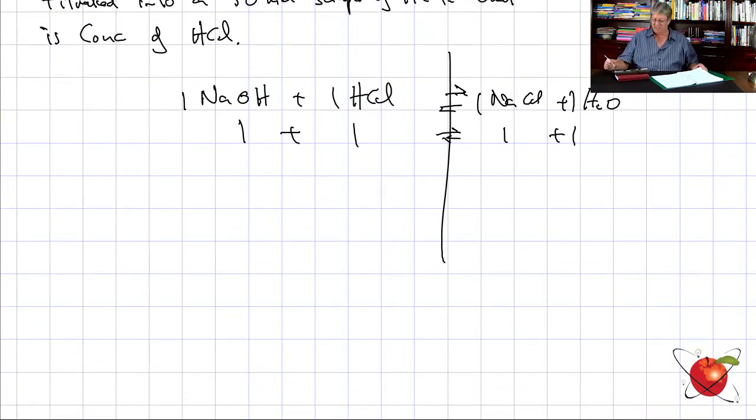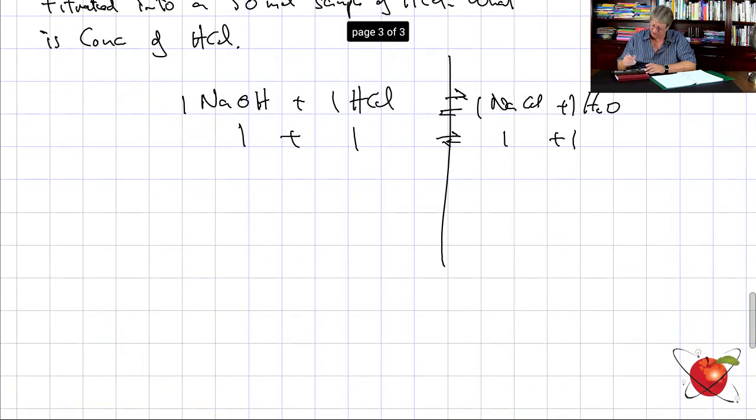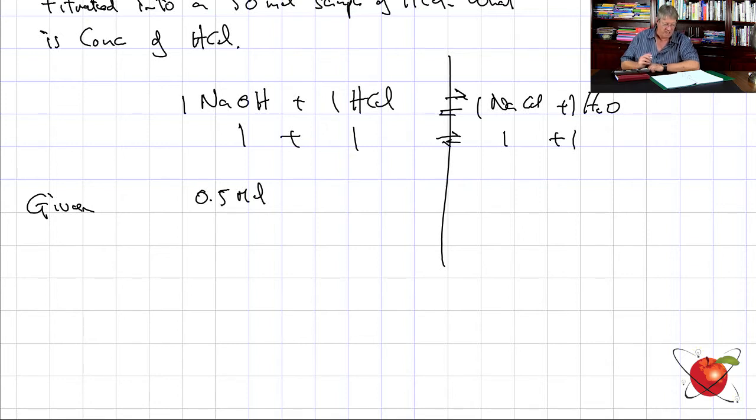The next step is we say to ourselves, okay, what are we given here? We are given NaOH is 0.5 M. This is the concentration of the base. The volume of the base is 25 milliliters.